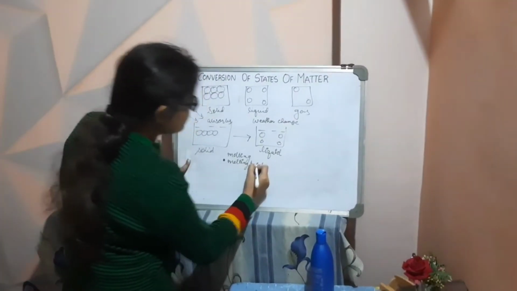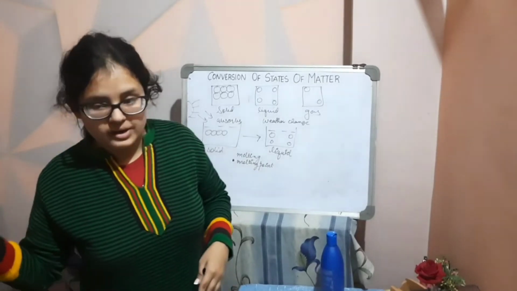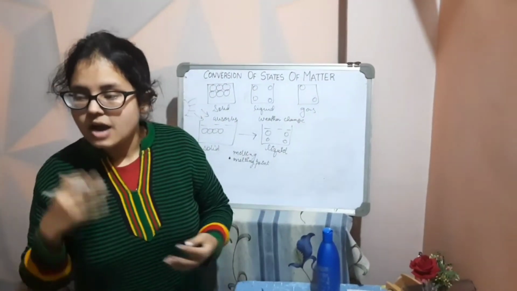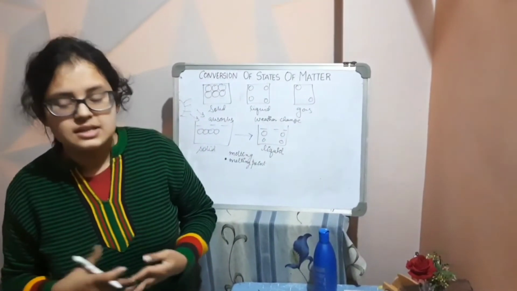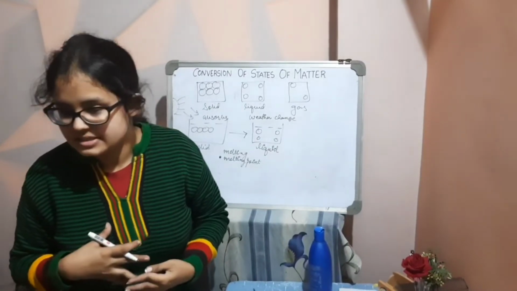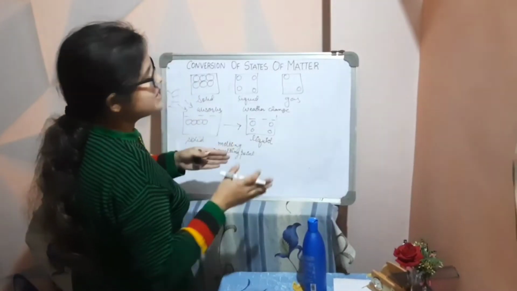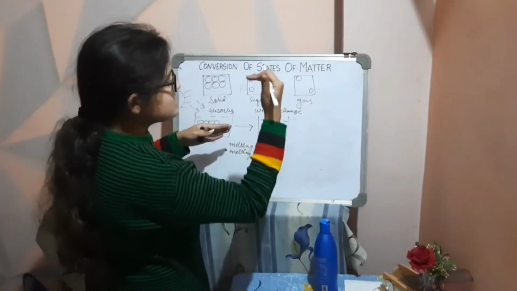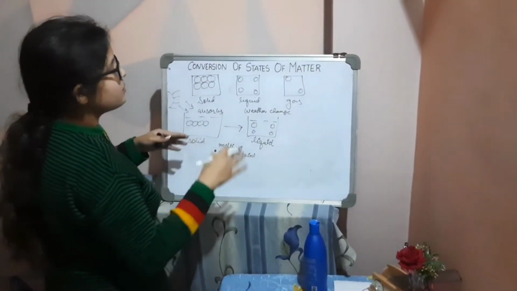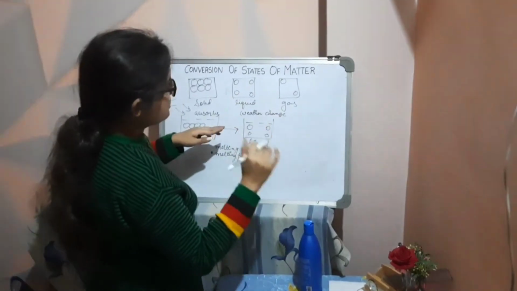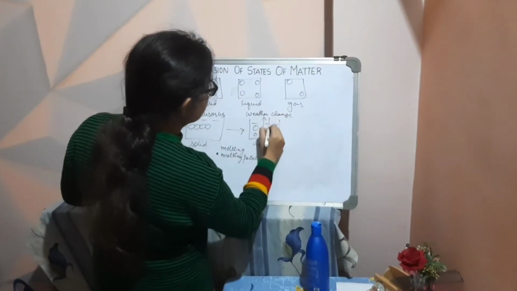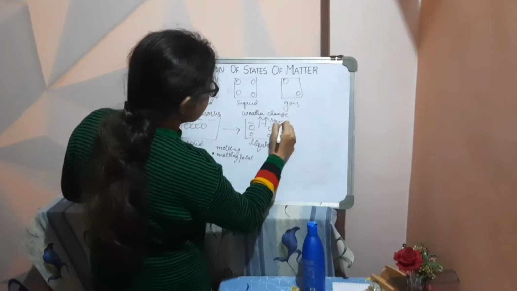Okay. If we bring that oil again inside the room, after some time what we notice is that the oil again solidifies. Now let's see how that happens. When the oil is kept inside the room, the oil starts cooling down. And when the oil is cooling down, it is rejecting the heat it was having.